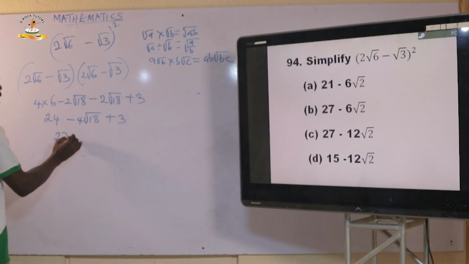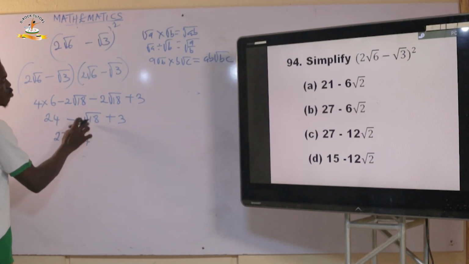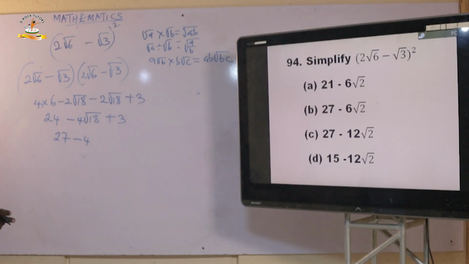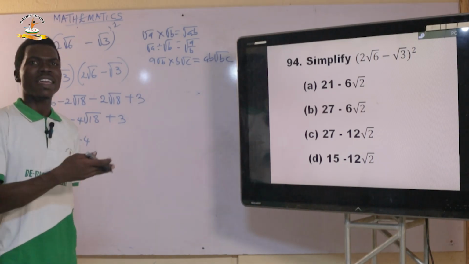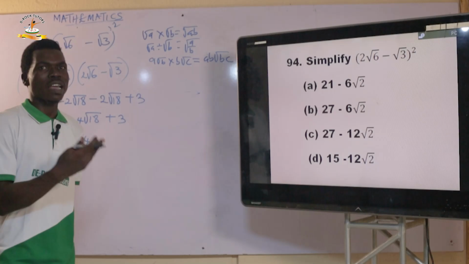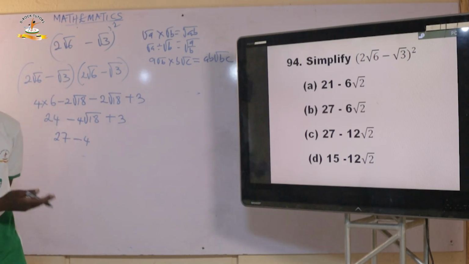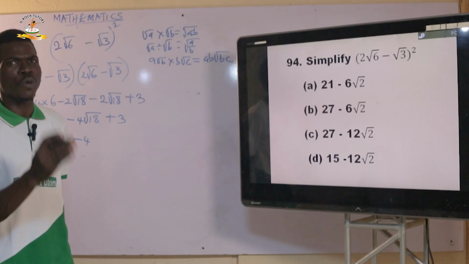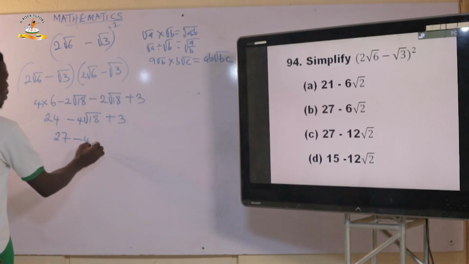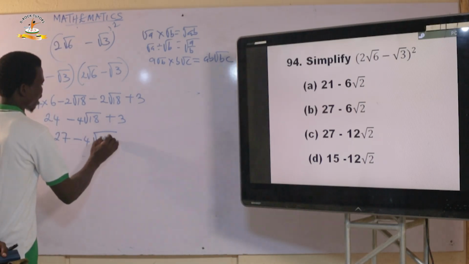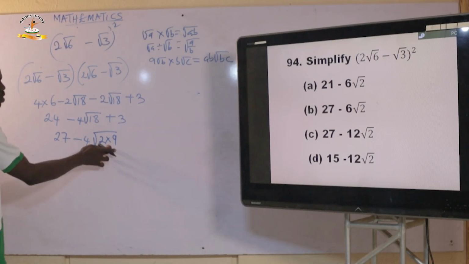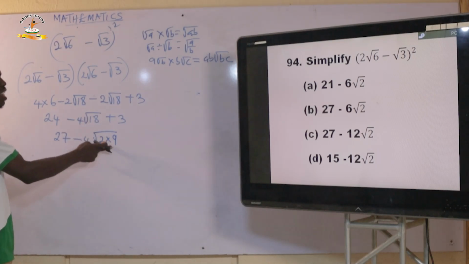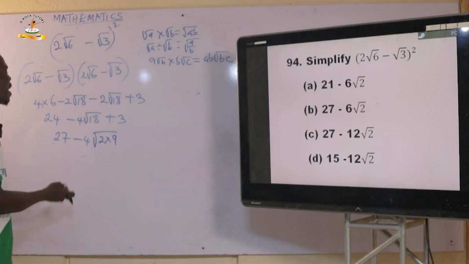24 plus 3 is 27, minus 4 root 18. I want to break root 18. Why? Because there is a perfect square inside 18. 2 times 9 is 18. So whenever you have a perfect square as a factor of a number inside the square root, you break it. So I'm going to break it into 2 times 9. Because of this 9, that's why I'm doing it, because I know root 9 will obviously be 3.